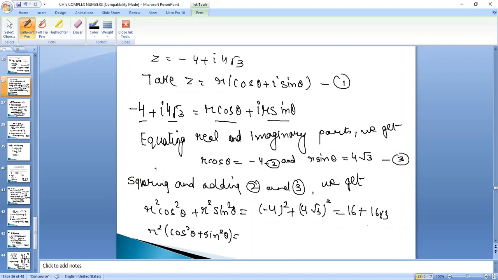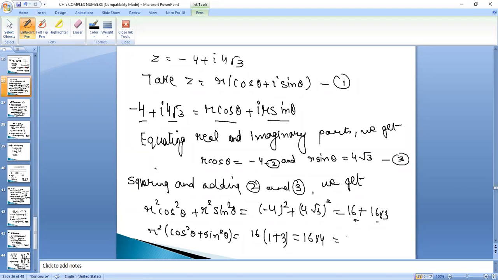So 16 we can take also common. So it will be, from here we can take 16 common. So it will be 1 plus 3, or we can multiply 16 with the 3 and we can add 16 to that. Both ways you can do. So it will be 16 into 4. I have done this so that I could easily make the factors.